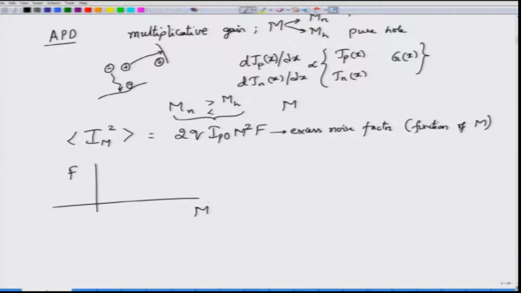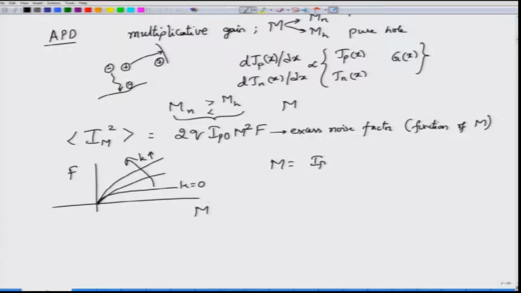There is another parameter called k, which I will define in a minute, but if you change this k, you will see that there is a linear increase. k is a constant which depends on the ionization parameters of the electrons and the holes, and as k increases, the excess noise increases with the increase in multiplication factor.